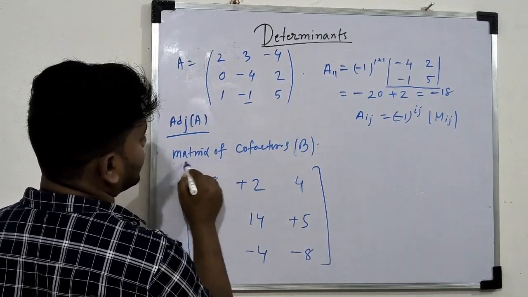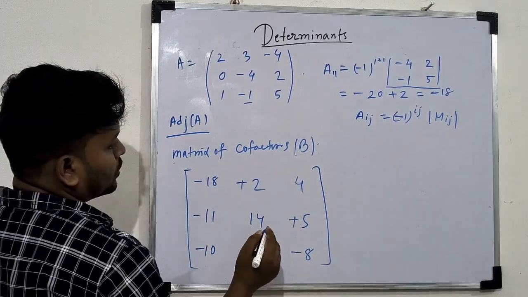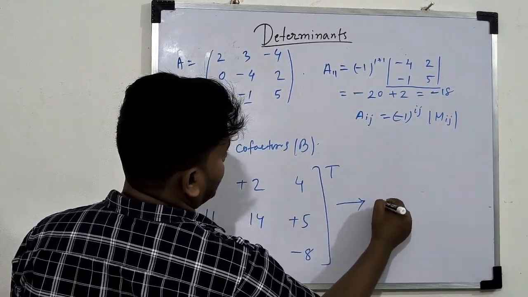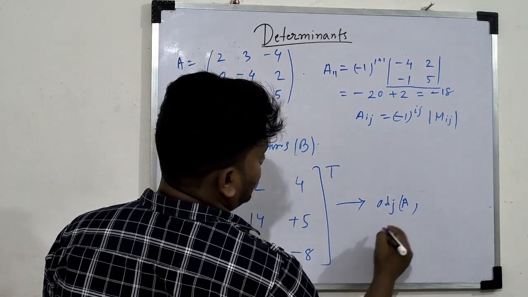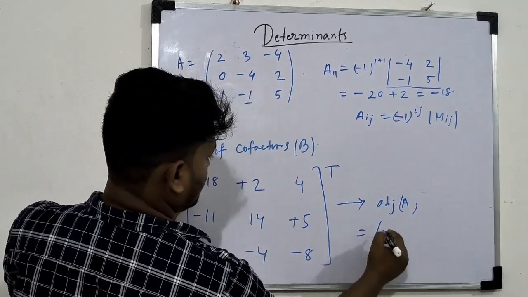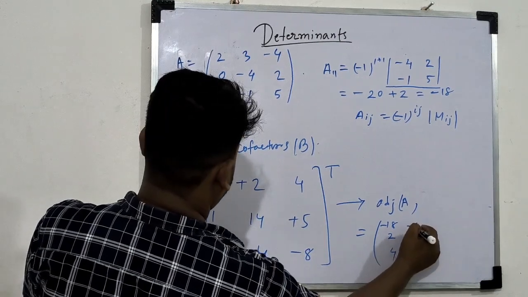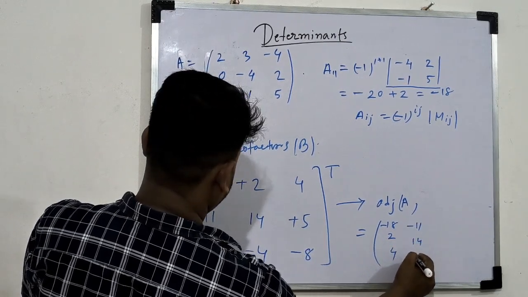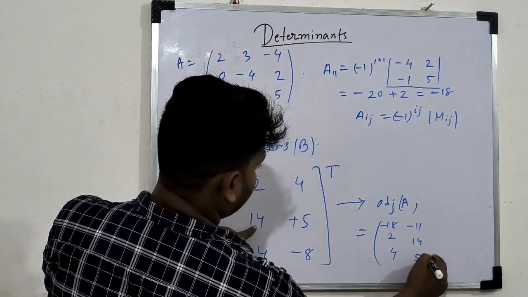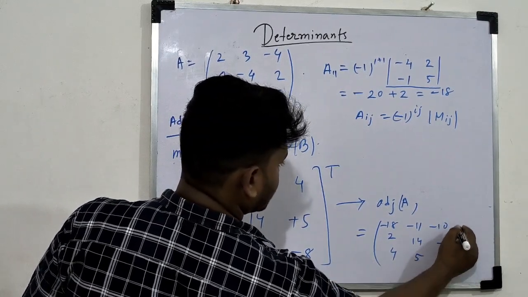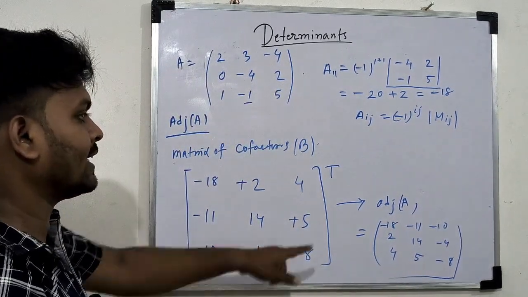This is the matrix of cofactors, that is B. If we take the transpose, this becomes the adjoint of A. So the adjoint of A becomes minus 18, minus 11, minus 10, 2, 14, minus 4, 4, 5, minus 8. This is how we find the adjoint.